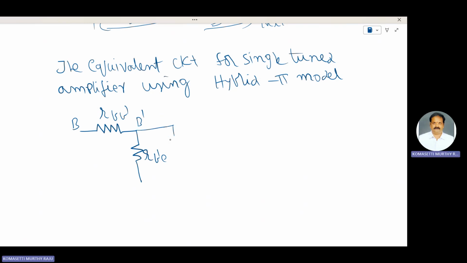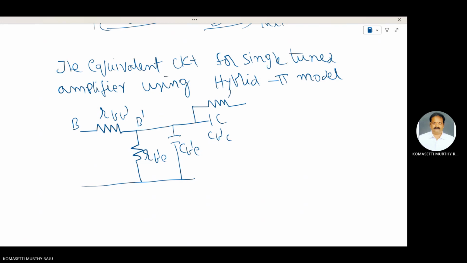The capacitor here is CB dash E. Next one is CB dash C, and here RB dash C. This one is a dependent current source. The value of this dependent current source is GM times VB dash E.